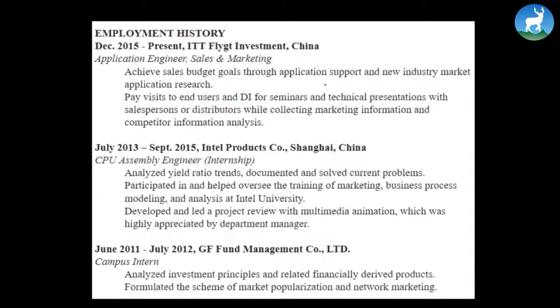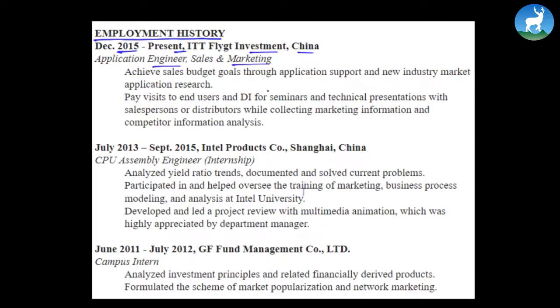Now let's talk about Deepta Sharma's employment history. Employment history means work experience. From December 2015 to present, he has been working in ITT Flyget Investment China as an application engineer, sales and marketing person, right?